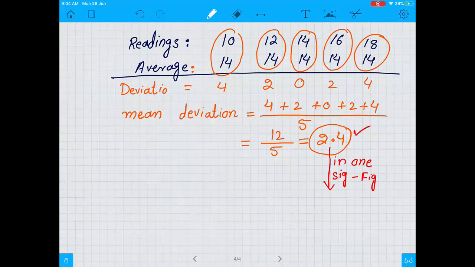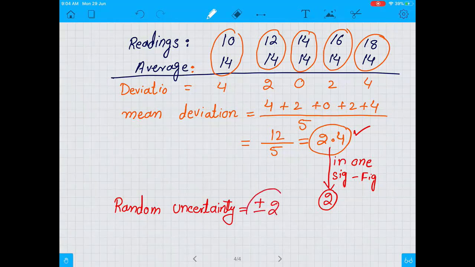This mean deviation is to be rounded off up to one significant figure, that would become 2. Now the random uncertainty in the given experiment would become plus minus 2.